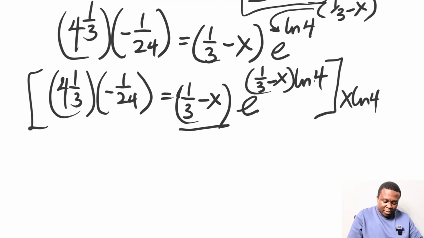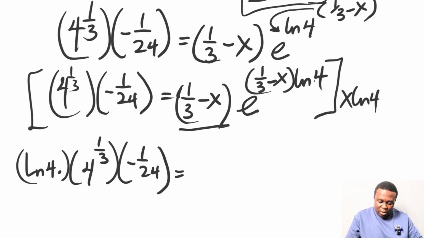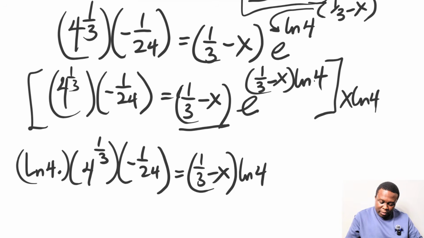So this becomes ln of 4 times 4 raised to the power 1 over 3 times minus 1 over 24, and this is equal to 1 over 3 minus x, times ln 4, e raised to the power 1 over 3 minus x times ln 4.